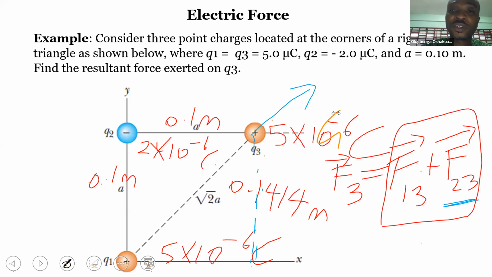Let me see if there's another question there. Can you explain R13 caret? Can you explain the vector components again?